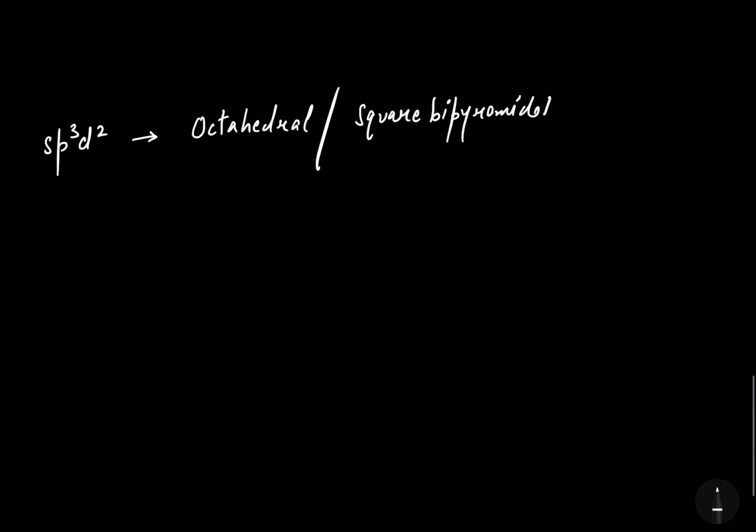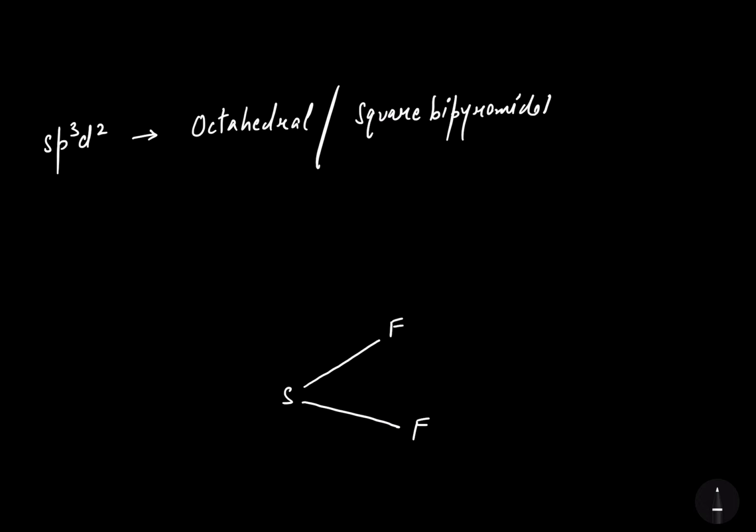Now the structure is like, that's the sulfur, the first sigma bond with first fluorine, second sigma bond with second fluorine, third sigma bond with third fluorine, fourth sigma bond with fourth fluorine.